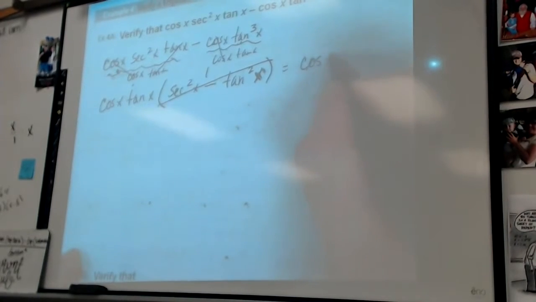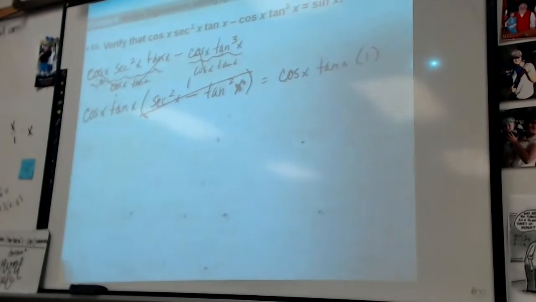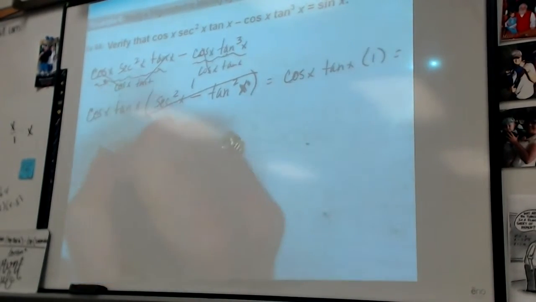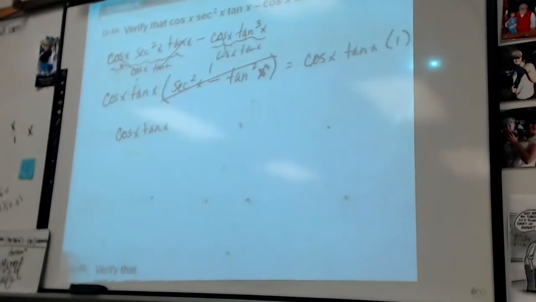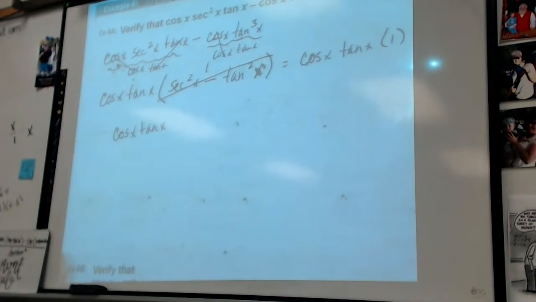So we have cosine x times tangent x times 1. So what's cosine x times tangent x times 1? Cosine x times tangent x. All right, but I'm still not down to sine x. So what do you think we might do now? But tangent x is sine over cosine. Rewrite tangent as sine over cosine.